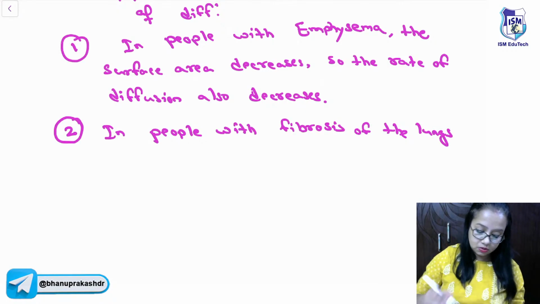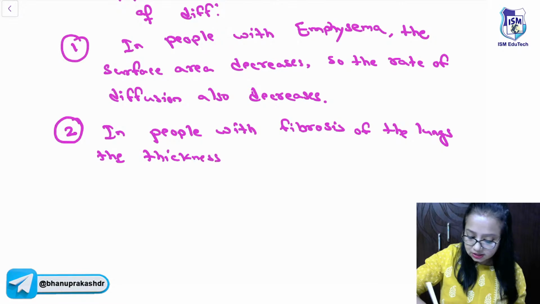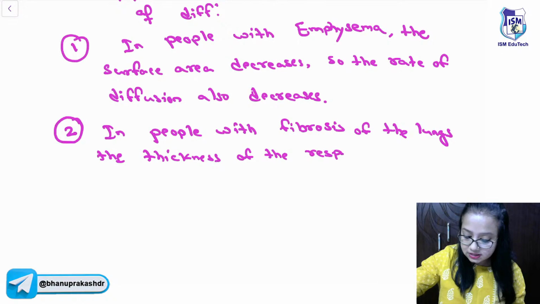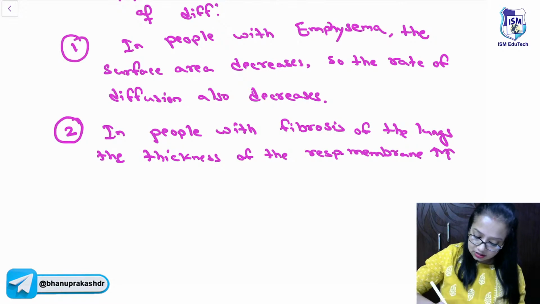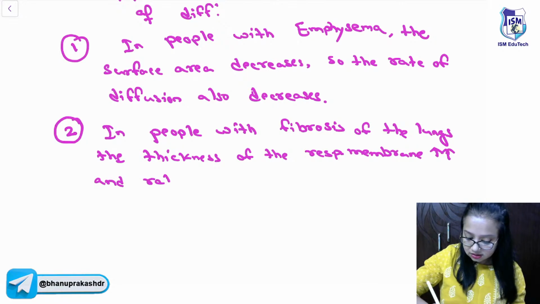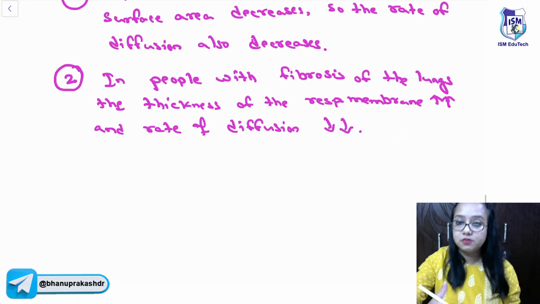So here in the fibrosis of the lung, the thickness of the respiratory membrane increases and the rate of diffusion decreases. Okay, these are the applied aspects of Fick's law of diffusion.